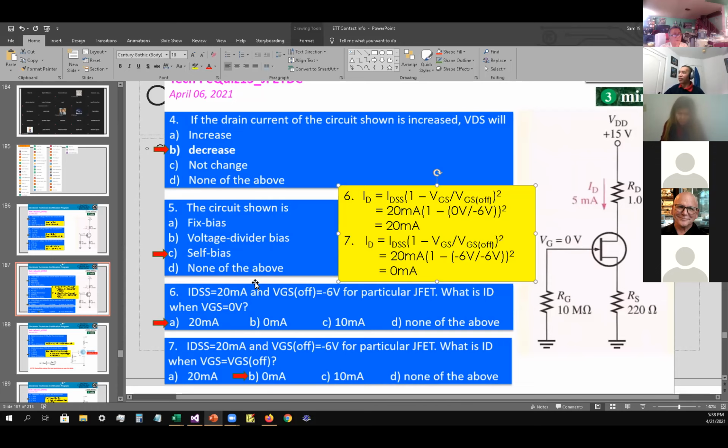Because if you increase ID, VD decreases and VS increases, but since RS is smaller than RD, VS increases slower than VD decreases. So you have to take into account the values of the two resistors. If they were the same value, then VDS would not change with ID. Yes, you're right. Thank you.